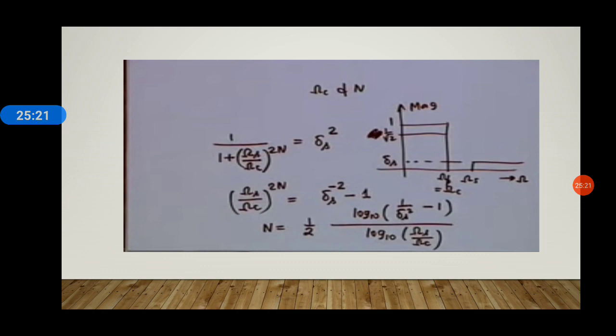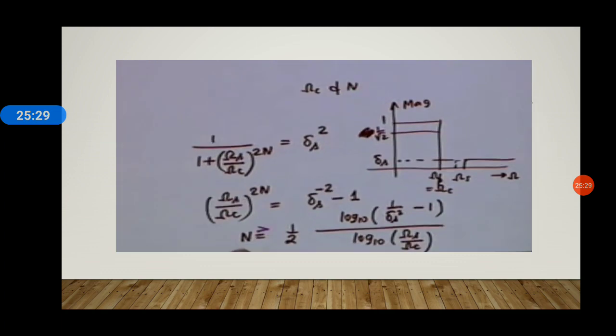In the second step, we can take 20 log 10 on both the sides, and we will have n is equal to this. Now, there is no guarantee that n will always be an integer. The left hand side will always yield an integer result.